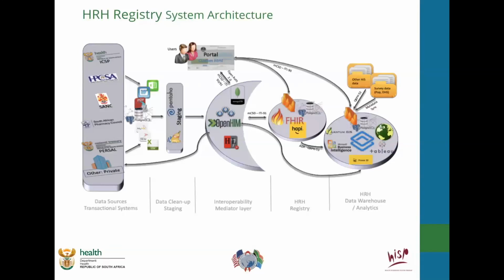And that warehouse will also be pulling in data from other places, so it could have population data, and it could also pull in some pipeline information from the schools to see where new health workers are going to be coming in.